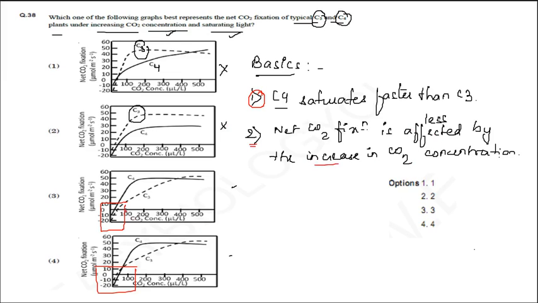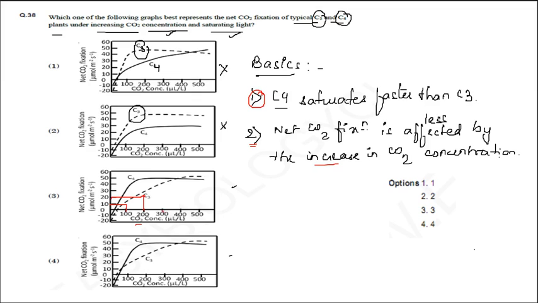Now, coming to the second point, net CO2 fixation is less affected by the increase in CO2 concentration. For C3 plants, if the concentration of CO2 is 100, the net CO2 fixation is around 10. If it is 200, the net CO2 fixation is 20, so it is directly proportional.